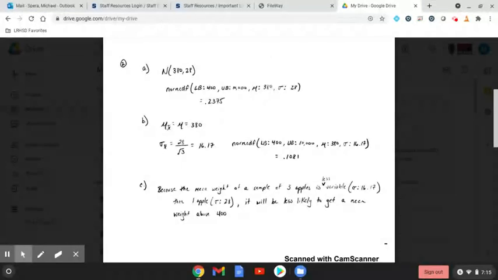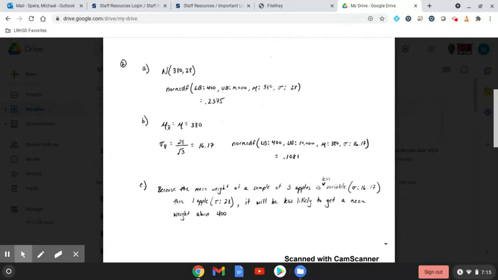The difference in B is that they talk about a sample of 3 apples, which means, all right, well, now if we find a sample mean, we know that there's going to be less variation, right? The larger the sample size, the less variation. So I had to find a new standard deviation, okay, using that formula.